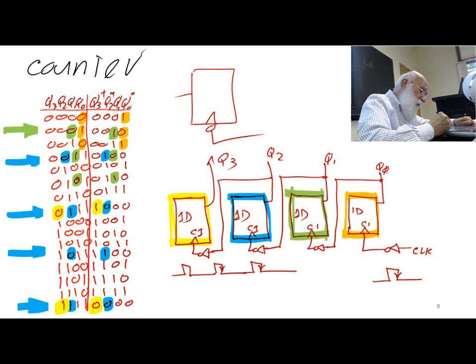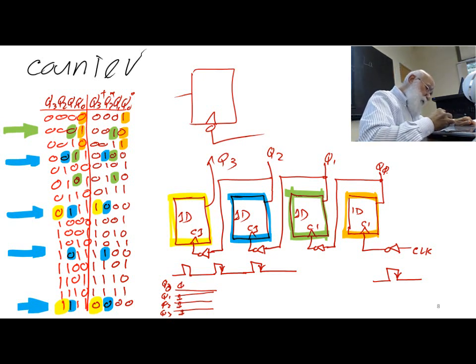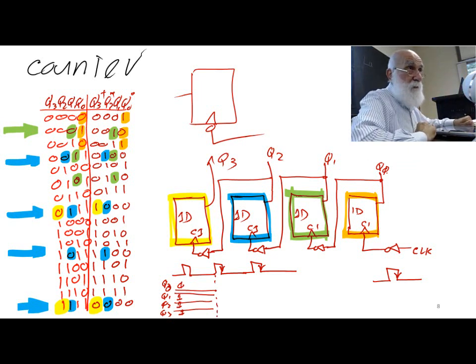Let's say Q0, Q1, Q2, Q3 is 1, 1, 1, 0. So it was 6, now it's 7.